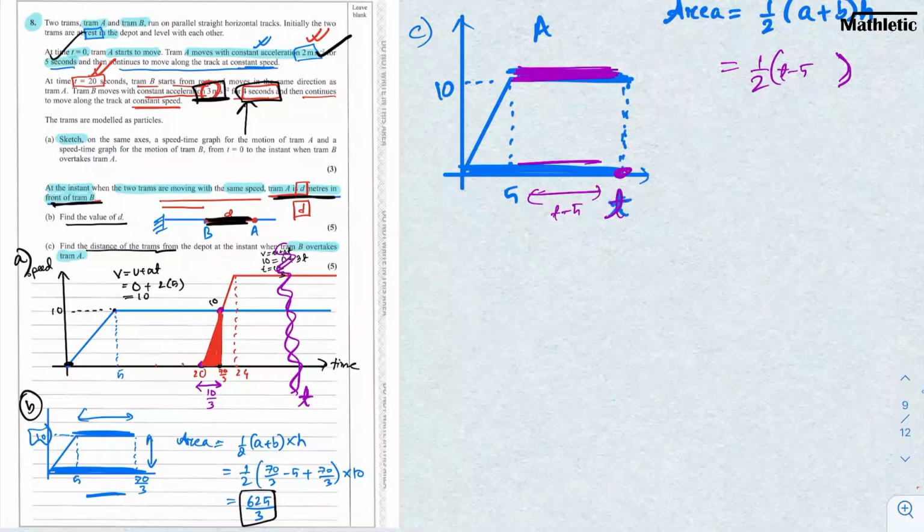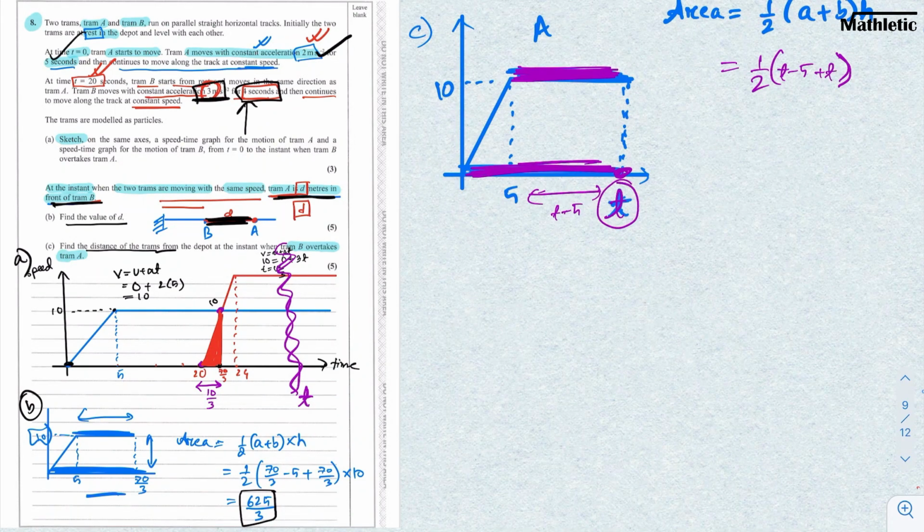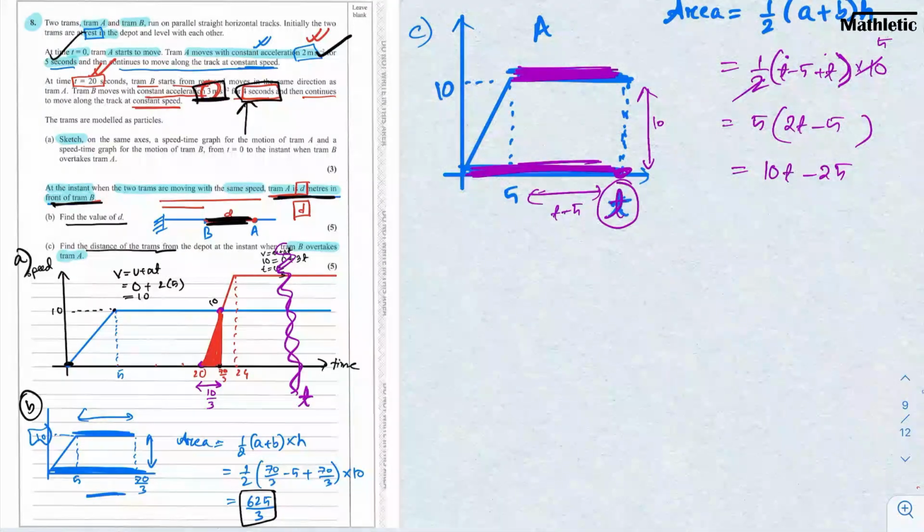B is the total distance here, which is small t. H is this gap, which is 10. If we cancel this out, we get a 5, and inside the bracket t plus t is 2t minus 5. So the final value should be 10t minus 25. This is the distance traveled by tram A.